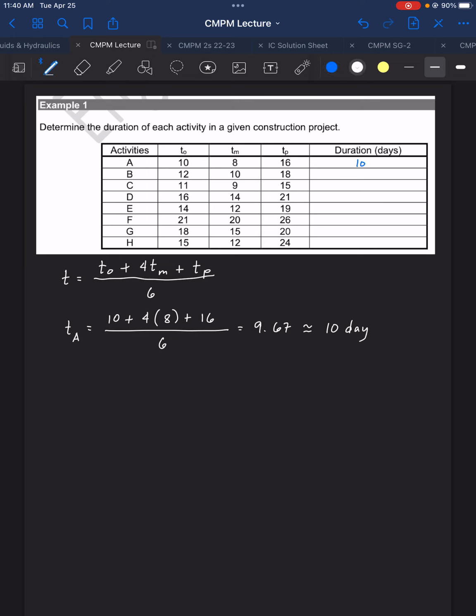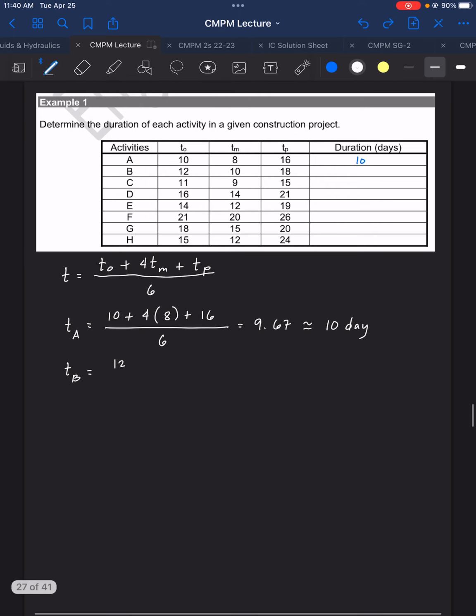Next, for time of B, we have there 12 plus 4 times 10 plus 18 divided by 6, and that is equal to 11.67, that is 12 days.